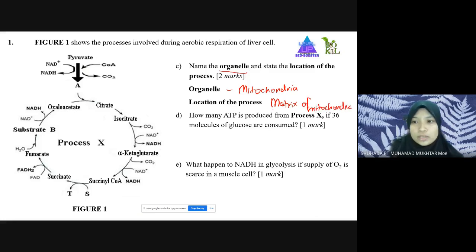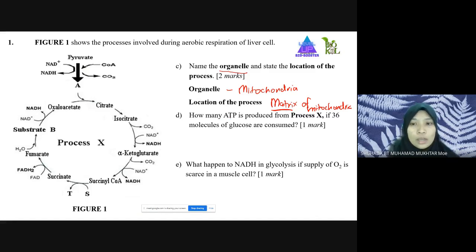Kita mention matrix of mitochondria sebab bila location of the process memang kena spesifik lah. Katakanlah dalam soalan dia tak minta pun organelle, dia suruh where does this process occur, make sure you mention matrix of mitochondria. Tak boleh matrix saja, tak boleh mitochondria saja. Kita cakap yang spesifik.